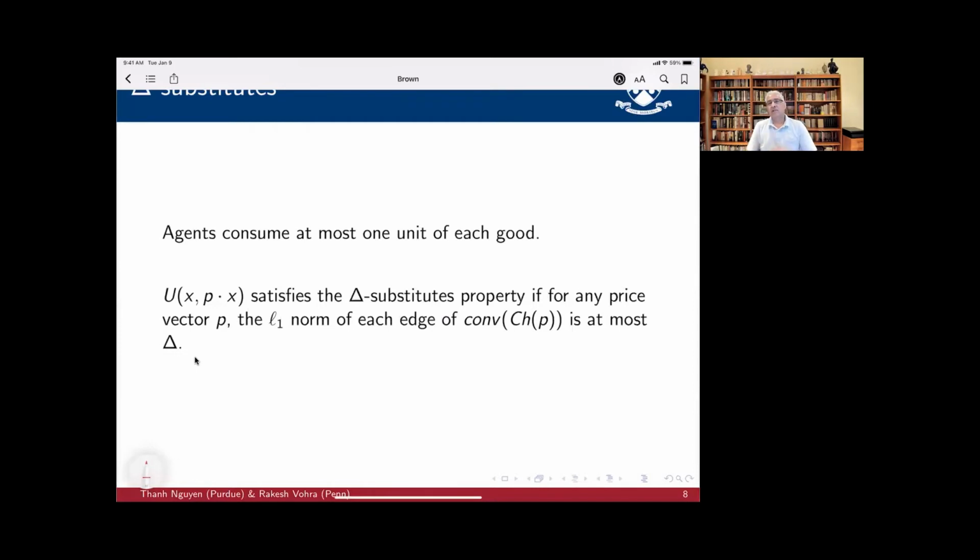Okay. So let me draw a little picture. I announce a price vector P. At that price vector P, you tell me which bundles you wish to consume. Here they are. So these are the bundles that maximize your utility at price vector P. I've written down four dots. That's your choice correspondence. I now take the convex hull.